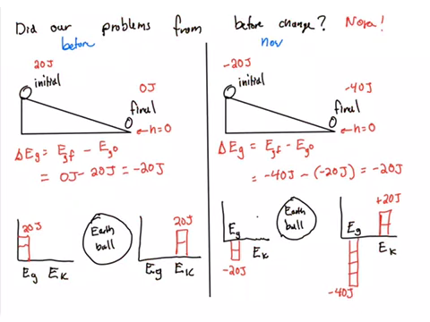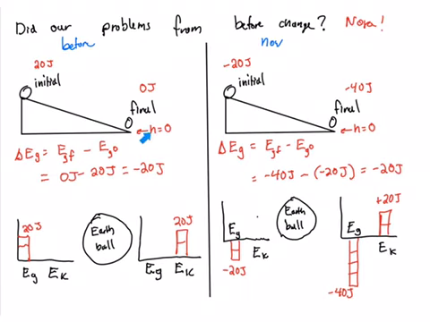So here I'll give you an example. In this problem that I introduced in the slideshow, we could have started by saying that there's 20 joules of energy stored gravitationally here, and we end up with 0 because it was at a height of 0. Just your regular problem.